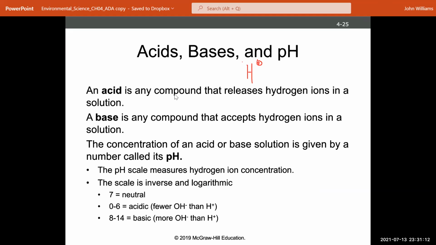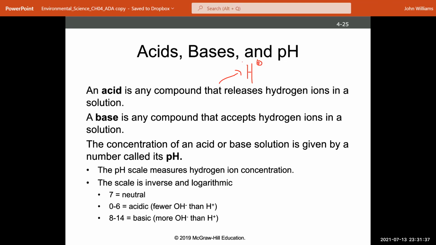Now, if you have a substance that when it is put into water releases this hydrogen ion, then it's known as an acid. If you have a substance that takes up hydrogen ions from that solution, then it's known as a base.